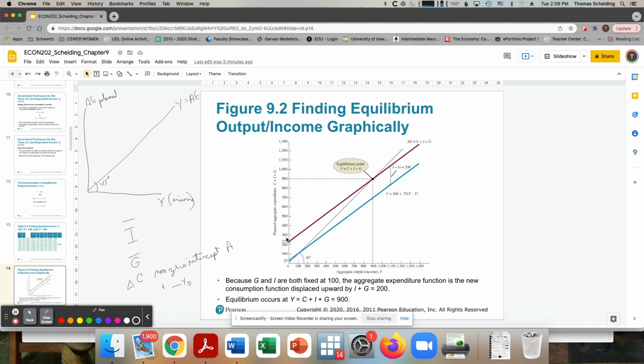That right there is going to be my autonomous consumption plus G plus I. So let's say, actually, let's look at what the, without changing this, I have it printed out here. So we do 100 plus 100 plus 100.